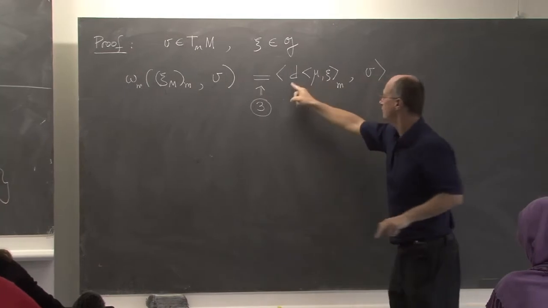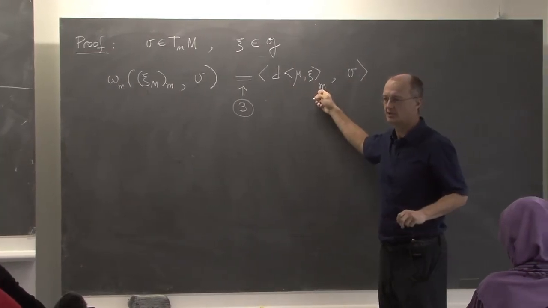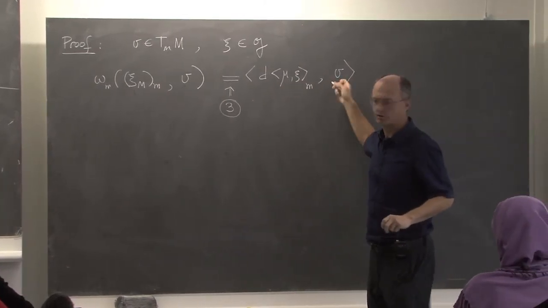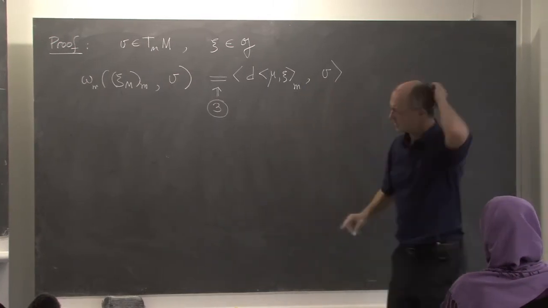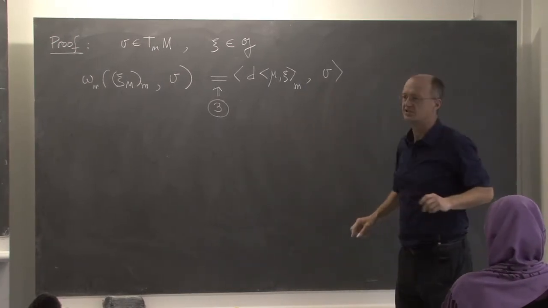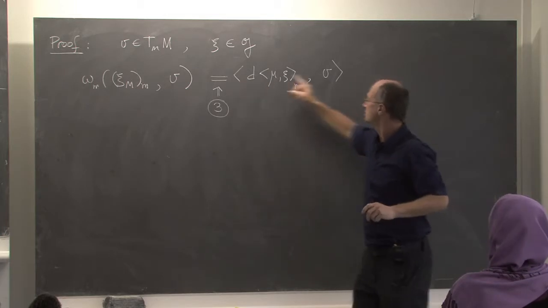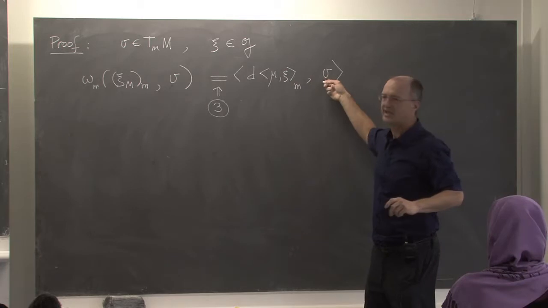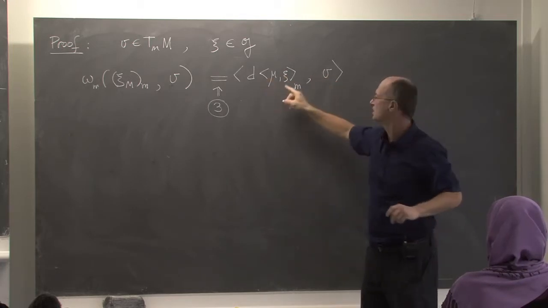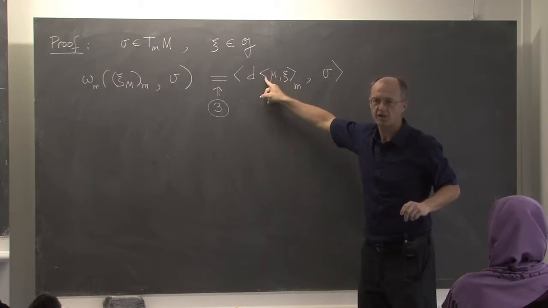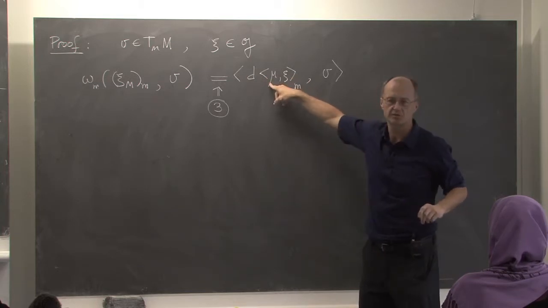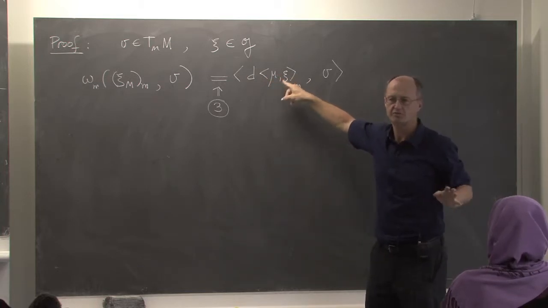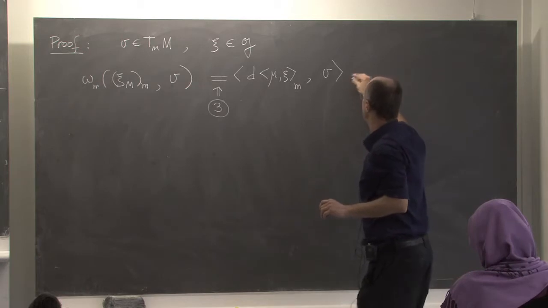So that's the value of this one form at m evaluated on v. And you see here there is a slight confusion with notations because this pairing is the duality between the tangent space and the cotangent space, and this pairing is the duality between G and G star. I hope it's okay. We probably don't need more notation for that.